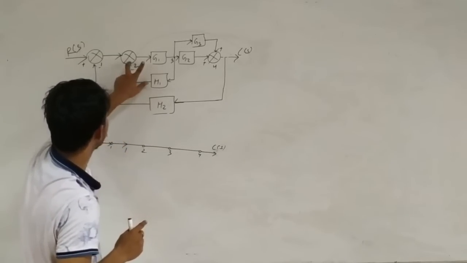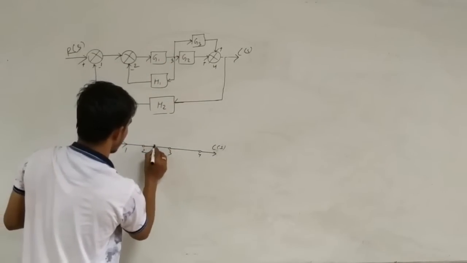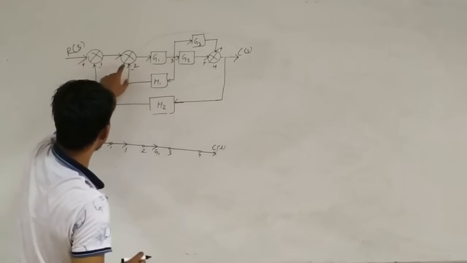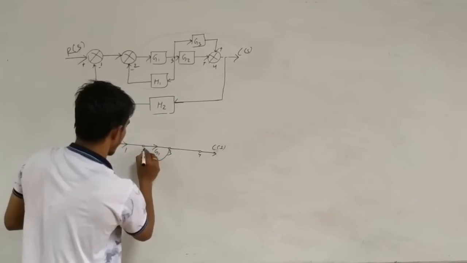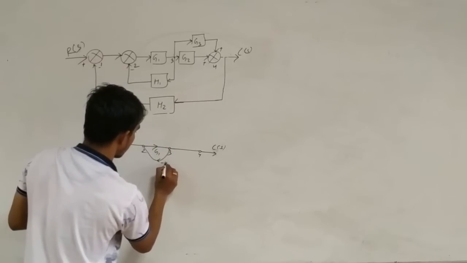Similarly, node 2 to 3, the transfer function is G1. And from 3 to 2, one feedback is there, a negative feedback, so this will be considered as minus H1.